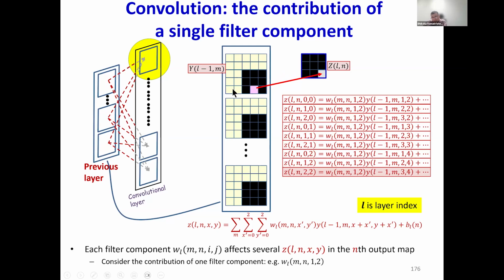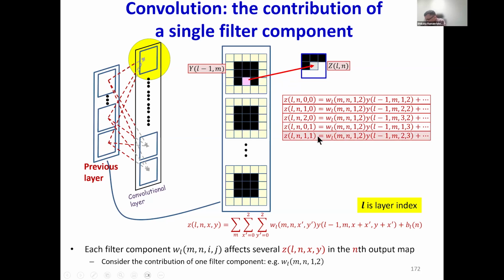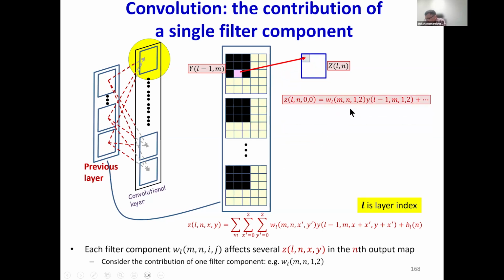Moreover, now look at the equations on the right-hand side. Let's look at how filter element 1,2 is used in computing the different z elements. Filter element 1,2 multiplies y element 1,2 to compute z element 0,0.